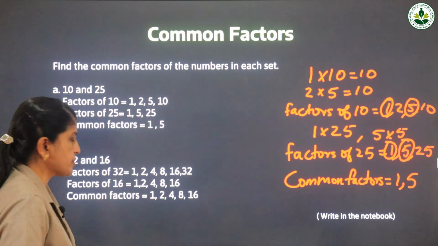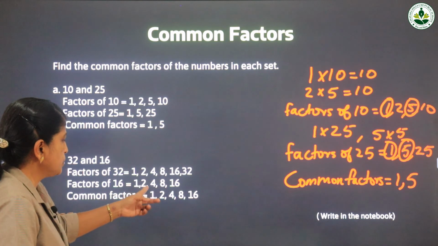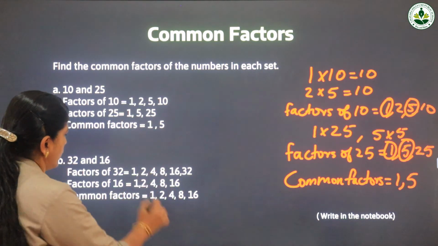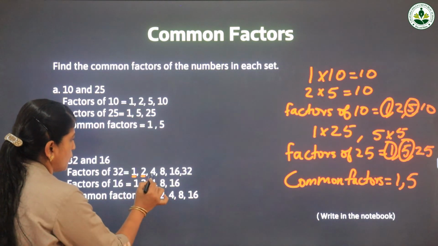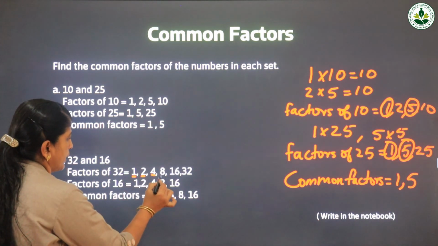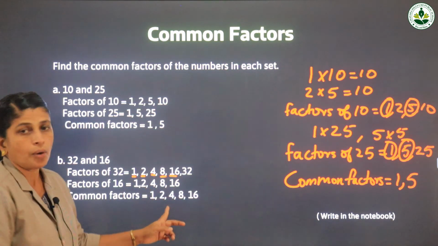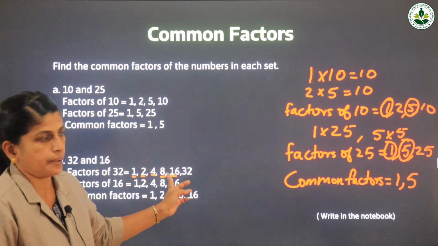Then find the factors of 16 also. The factors of 16 are 1, 2, 4, 8 and 16. And the common factors are 1, 2, 4, 8, 16. Therefore, there are 5 common factors for the numbers 32 and 16.